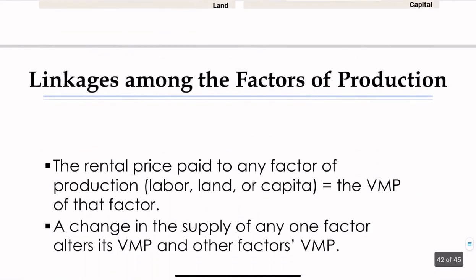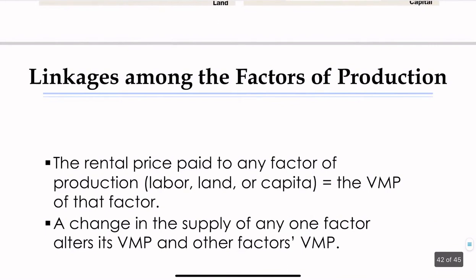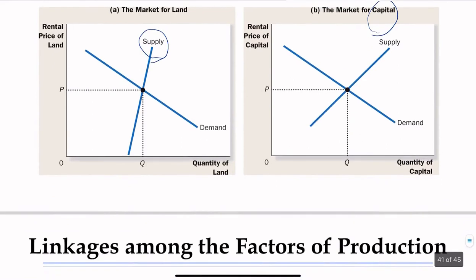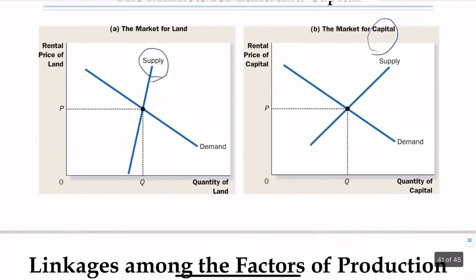What you can see here is the same kind of result we got. That is, the rental price paid to any factor will be equal to the value of marginal product of that factor. So how do you get this result? Again, just look at the demand curve, right? Let me use a different color. The demand curve tells you the value of marginal product.